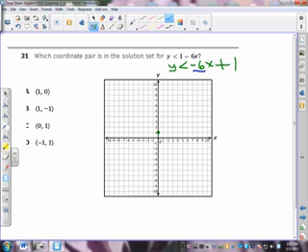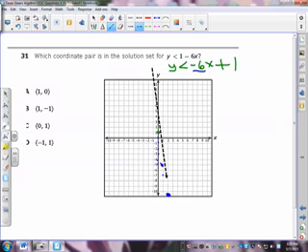So that means that you would go down 6 to the right 1. Okay, and I'm going to draw a line to connect all that. And I am going to draw a dashed line.